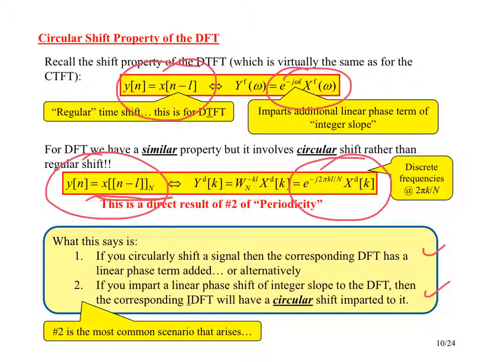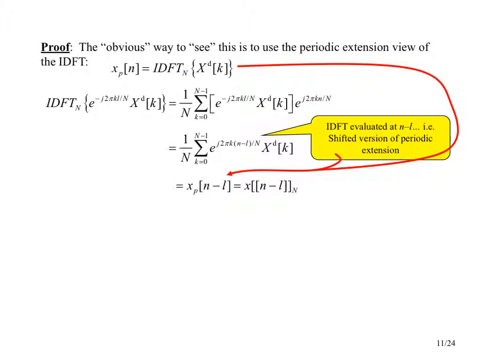Number two says if you've got a DFT and you impart a linear phase shift to it, then you do the inverse DFT, you'll get a circular shift imparted to it. So what that says is that if you think you're going to make a regular time shift by taking the DFT of something, applying a linear phase shift, and then shifting it back, you'll be surprised. So anyway, one of the peculiarities here.